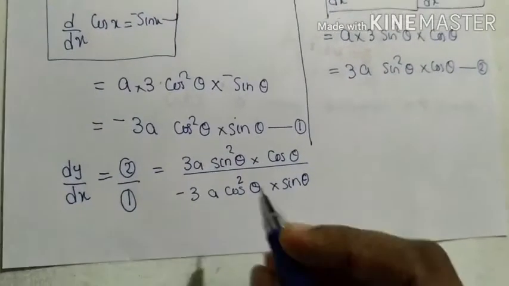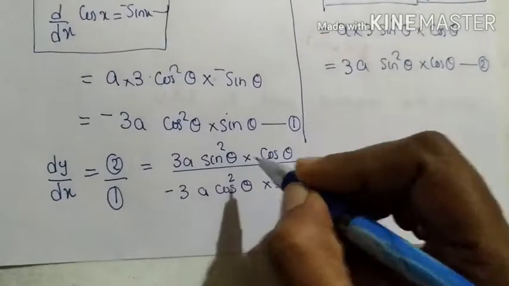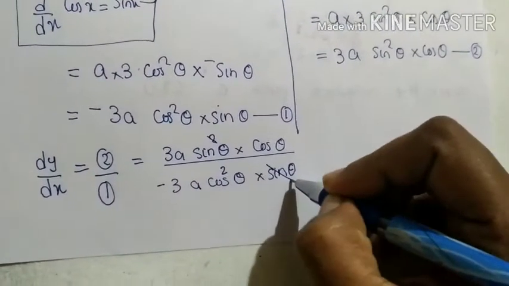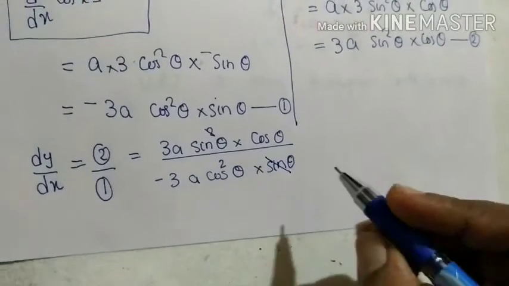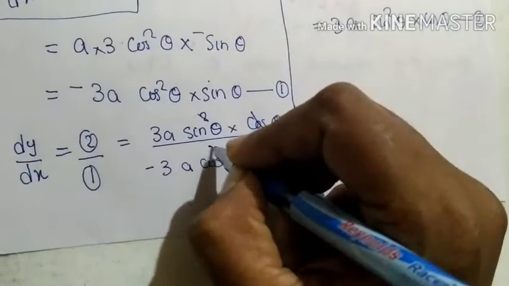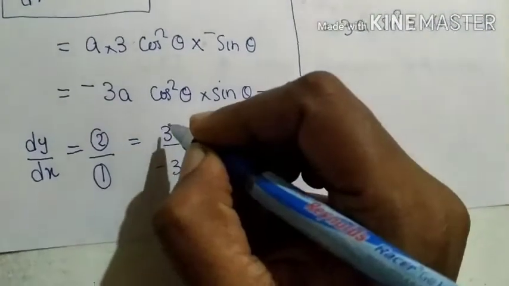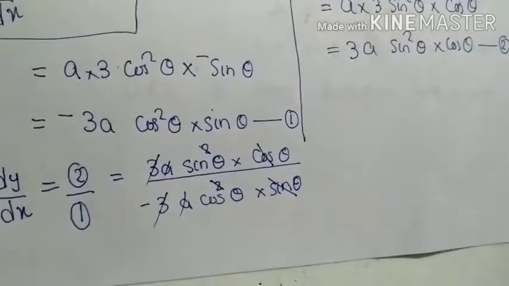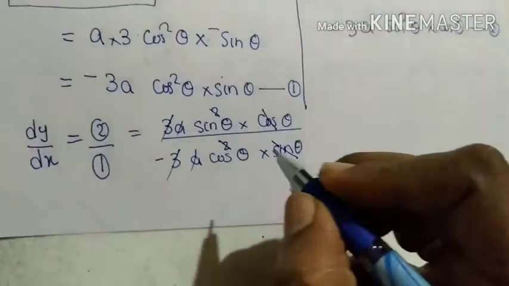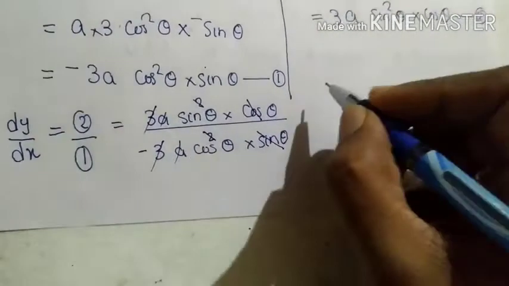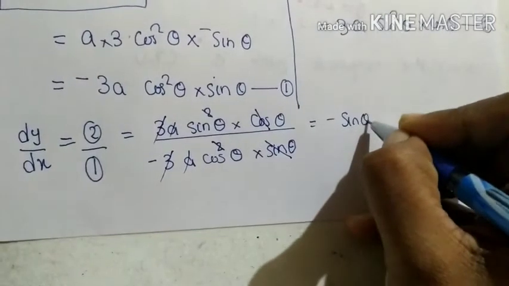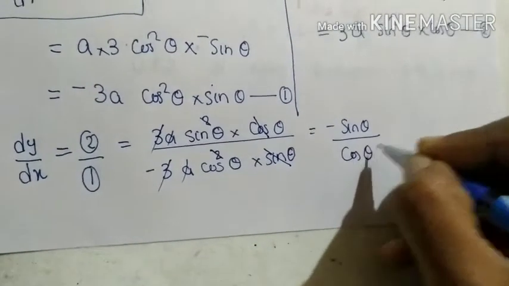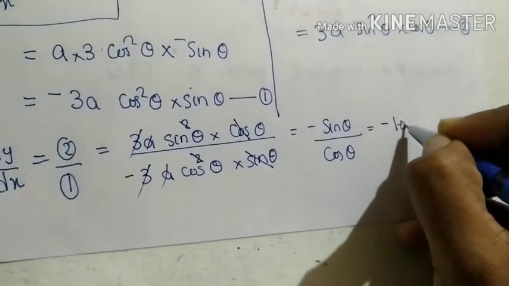If you observe these terms, one sine theta will cancel, one cos theta will cancel, the 3 will cancel, and the a will cancel. Finally we get minus sine theta divided by cos theta, and this will be equal to minus tan theta.